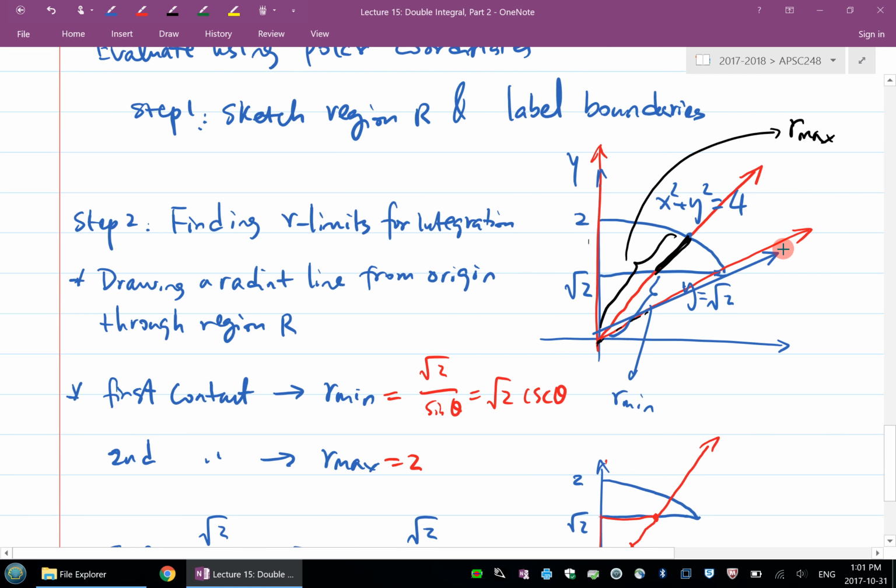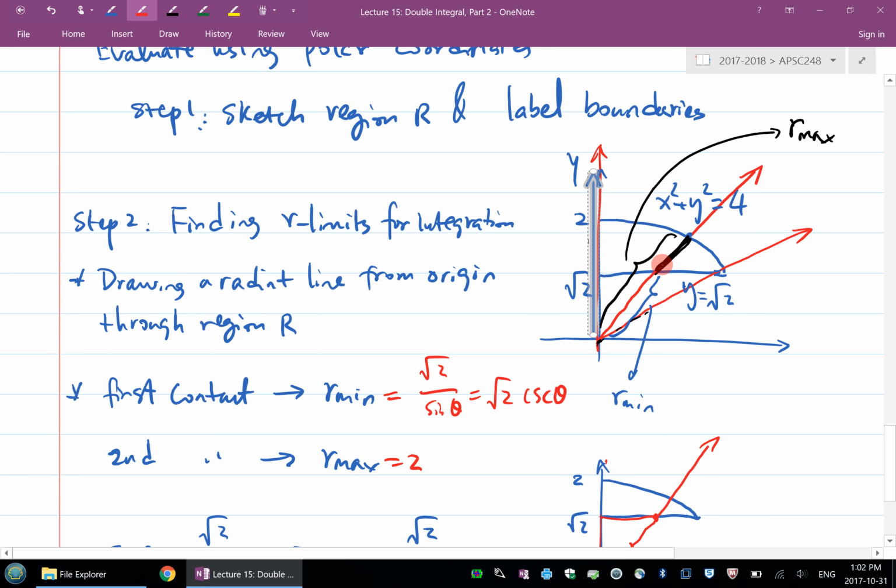So basically you're doing this, right? You're scanning starting from here. This is the beginning edge. Then you scan through this whole region R.